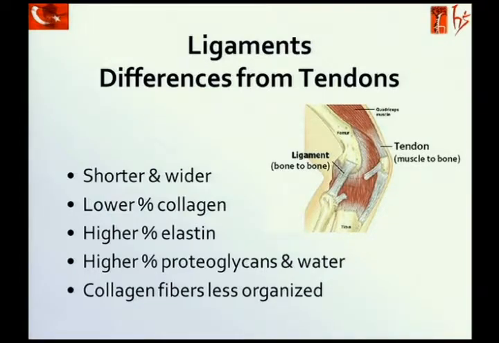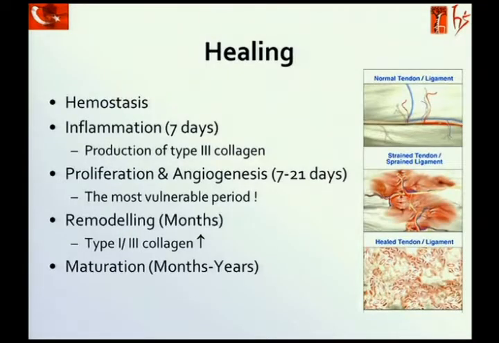The muscles give the elasticity to the tendons, but there is not a lot of elasticity in the ligament. In the ligaments, the collagen fibers are less organized compared with the tendons.